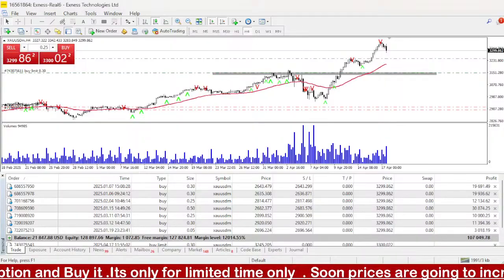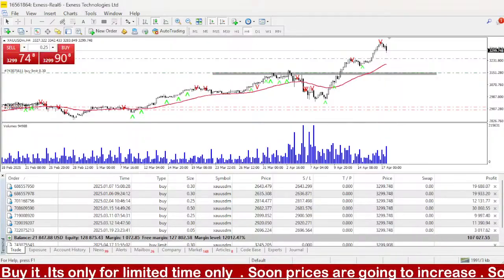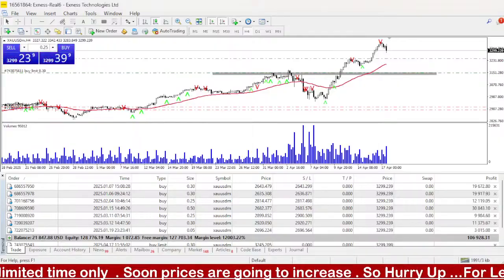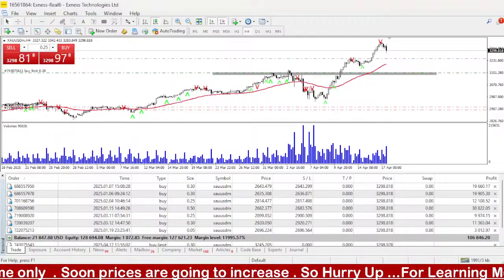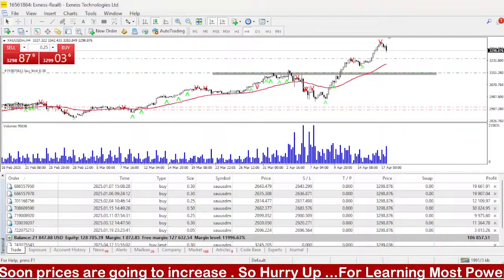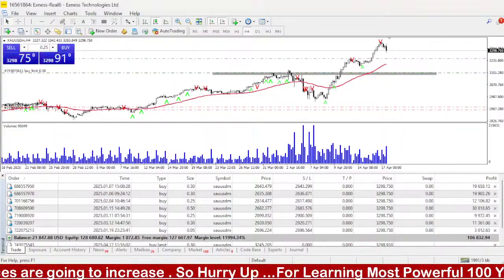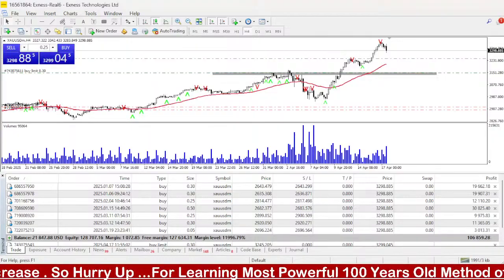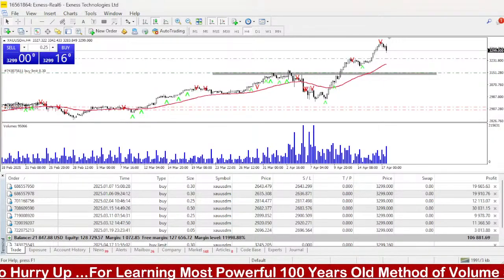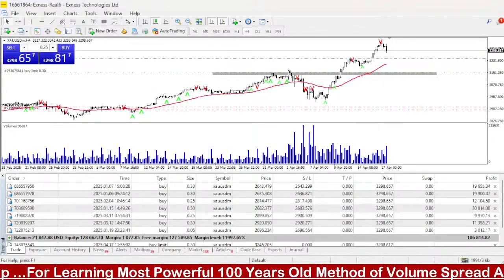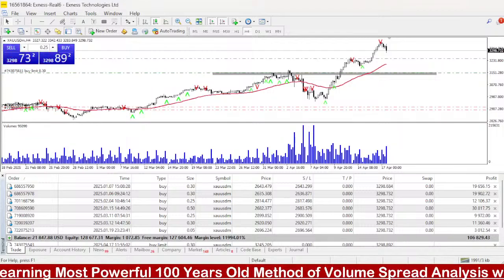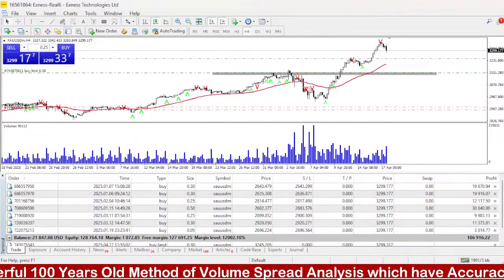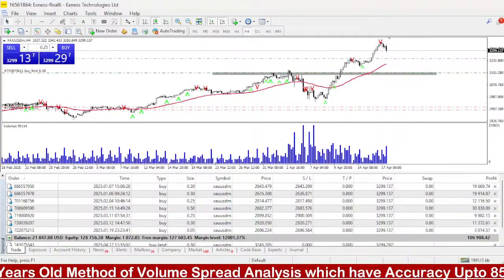They will simply put 10 to 15 accounts, each with a random expert advisor, and any one of them will make good profits, and they will show that that EA is related to this account. But actually that EA is not related to that account, and I have never seen any EA which actually matches those signals. They are all very different, and the signals will be different, and the expert advisor's working will be different.